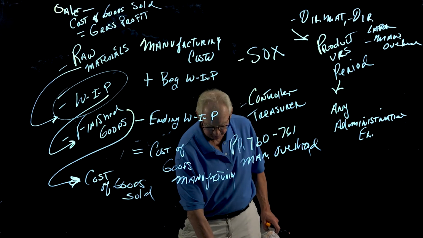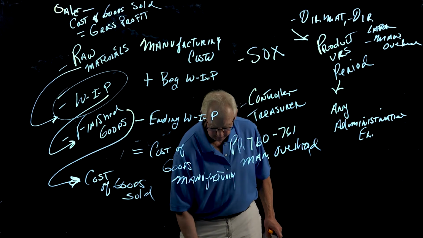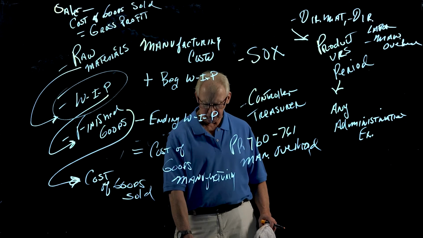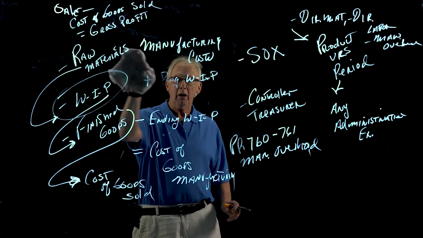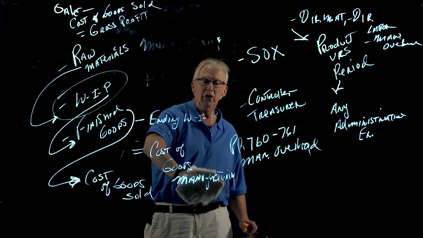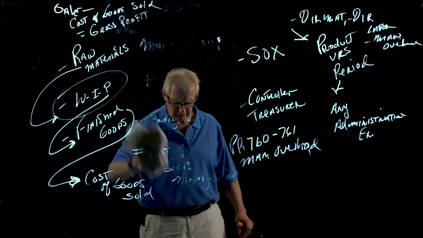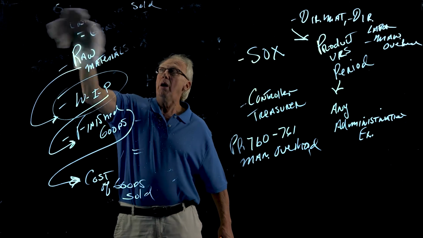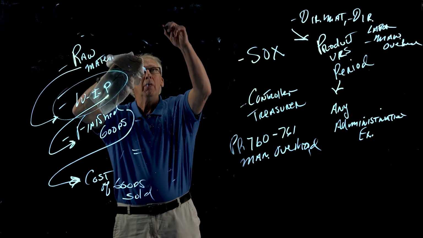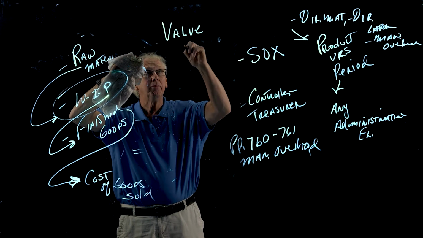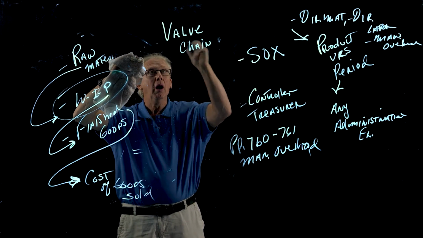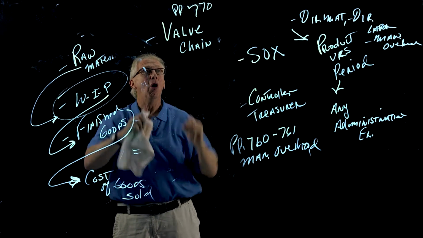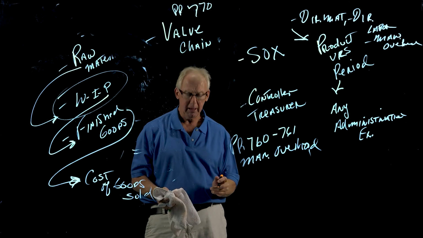When I look back in the back part of the chapter, there are some definitions on page 770. If you look at the top of page 770, I'd like you to know the value chain, all the costs in the value chain, okay?